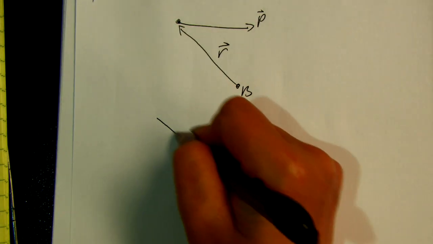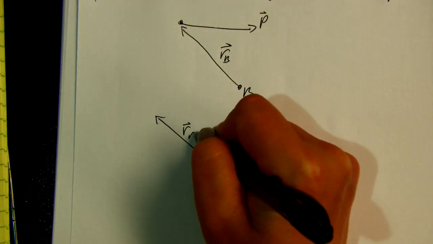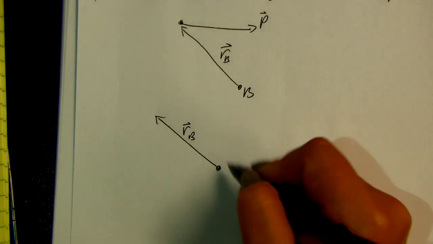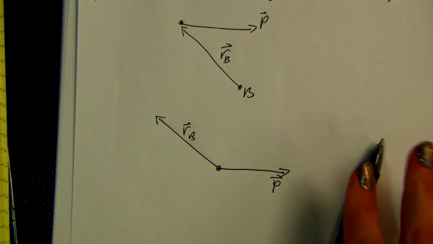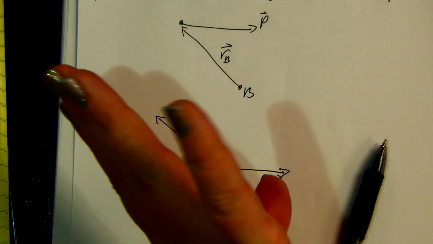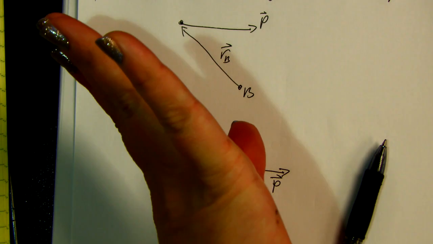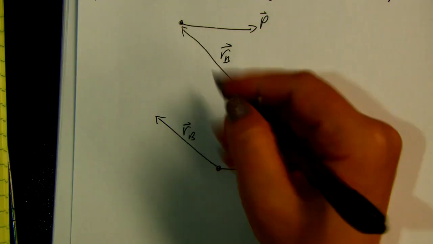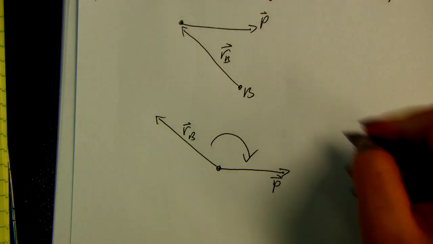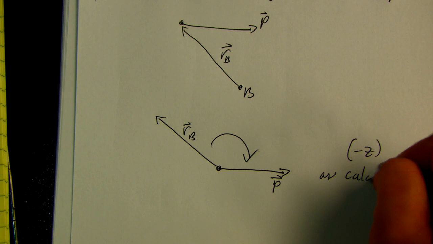So then you have RB, P. All right, so R cross P: line up with R. There it is. Fold towards P. Negative, confirming our previous results. So we have negative Z as calculated.